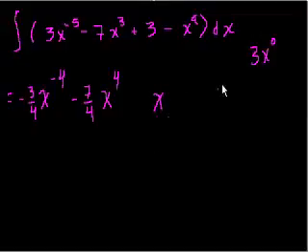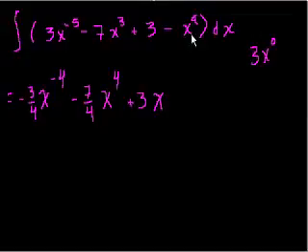And we multiply the old coefficient, this 3, times 1 over the new exponent. The exponent is 1, so the inverse of 1 is 1, so it just stays 3. We multiplied 3 times 1 over 1, which is still just 3.